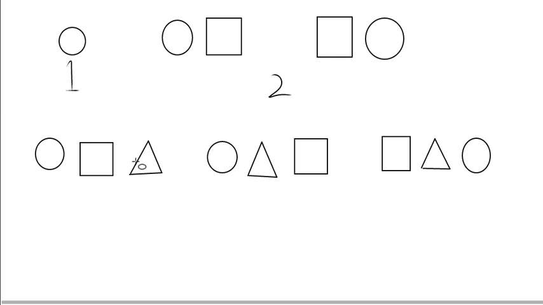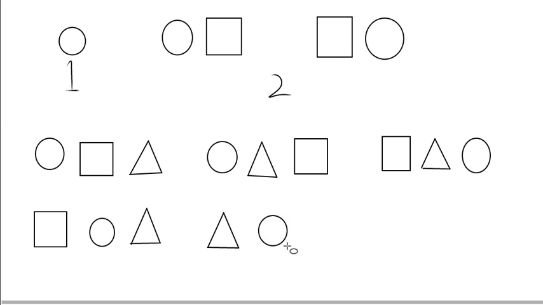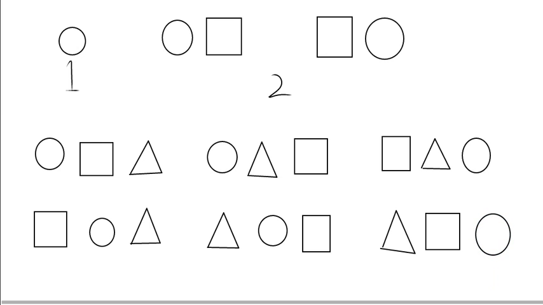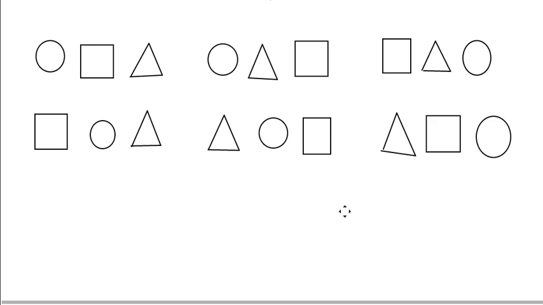We could try this setup with the triangle over here, except we switch the circle and square. And we haven't had any arrangements with the triangle in the front, so let's do that too. Alright, I think that's all the ways we can arrange those three objects.